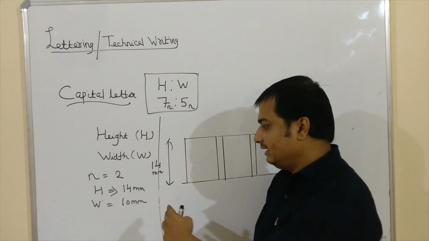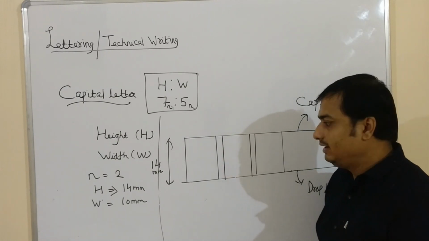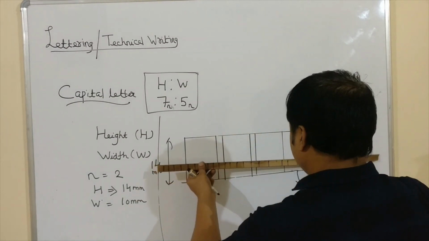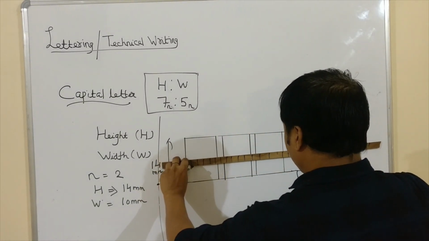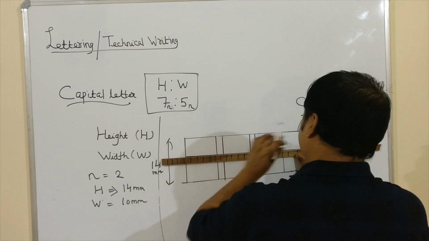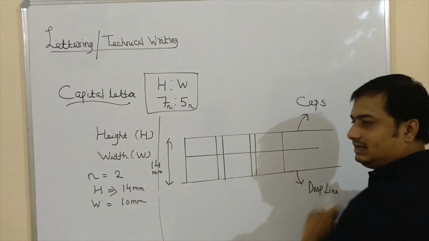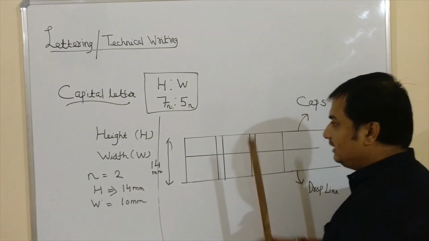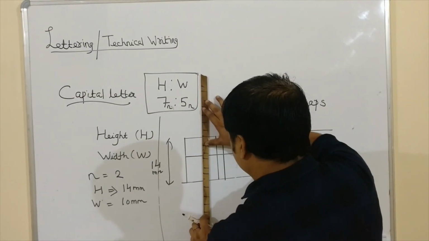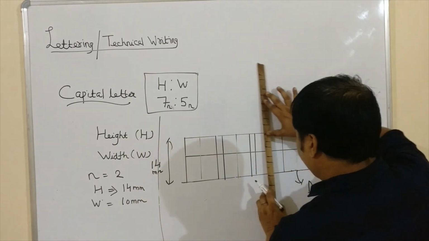So you can plot the boxes in such a manner as to maintain the height and width, that is 14 and 10. Also, for our convenience, we can plot the center lines. If the height is 14, you can plot a center line at the height of 7. Also, if the width is 10, you can plot the center line for the width also.